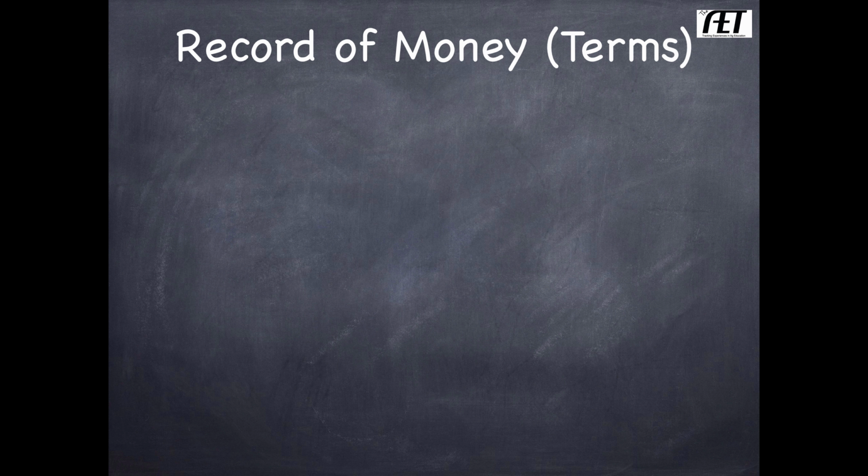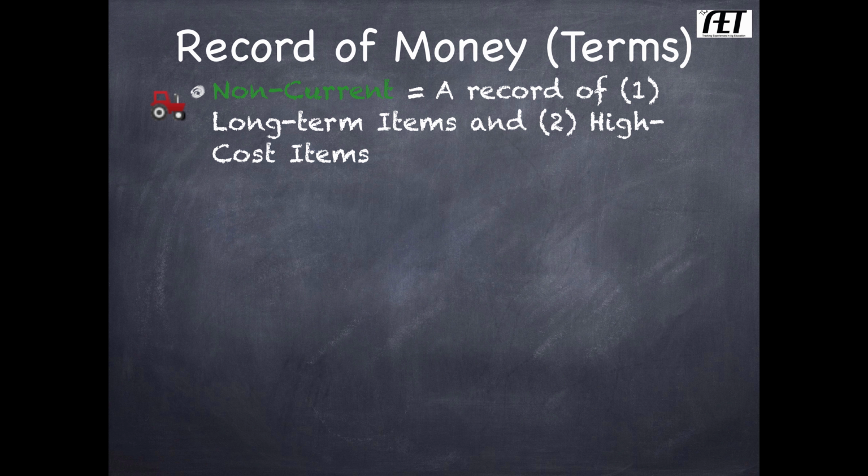Now, there's another way money goes out, and sometimes it even comes back in. So it does both, and that's the record of a non-current item. Non-current is not like an expense. If you buy feed or you buy medication, those things are going to be used or consumed. So those are expenses. Non-current items are long-term items that you buy.